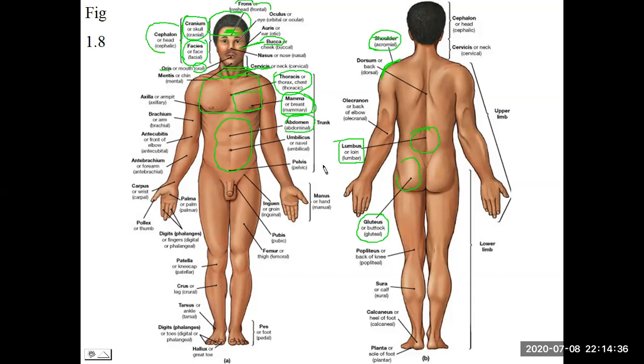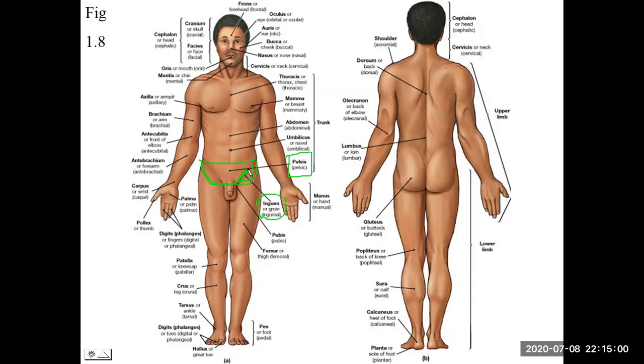The pelvic region, and we'll just remove some of the writing here. The pelvic region, so we're right across here, the area of the hips. We see here, right at the hip joint, that's the inguinal region.